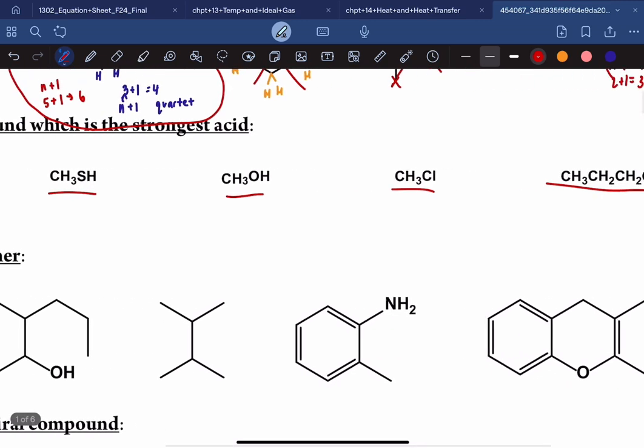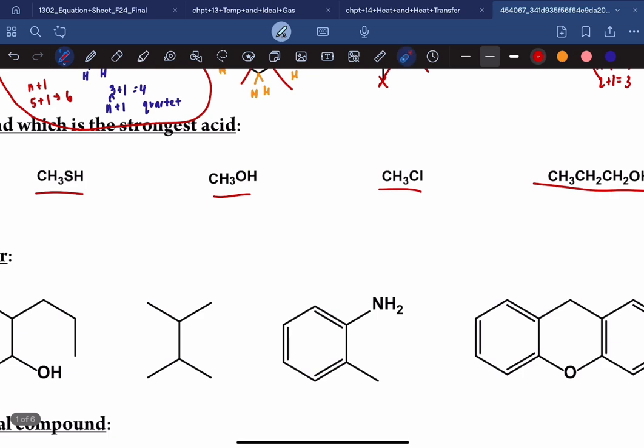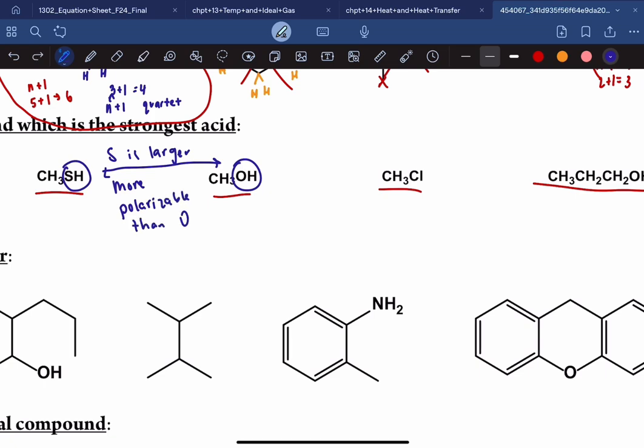So now we're going to look at these four structures. Immediately between this one and this one, we did this in class a bunch, but S is larger and more polarizable than O. So you can eliminate this because we know SH is going to beat OH.